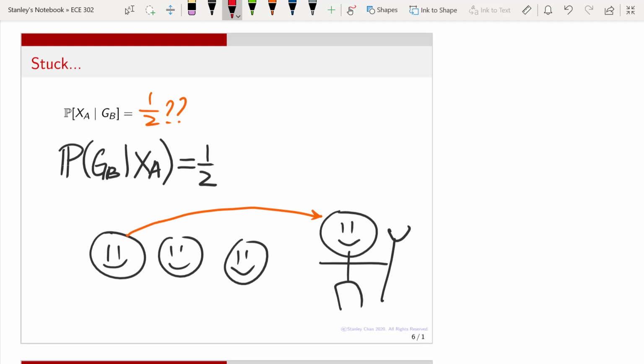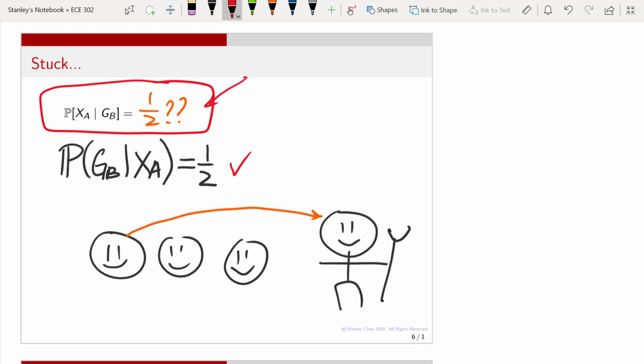Now, this question can only be answered if you're able to evaluate this conditional probability of XA given GB. But if you look at our discussion so far, we only have GB given XA, and other conditional probabilities, but we really do not have this conditional probability of XA given GB.